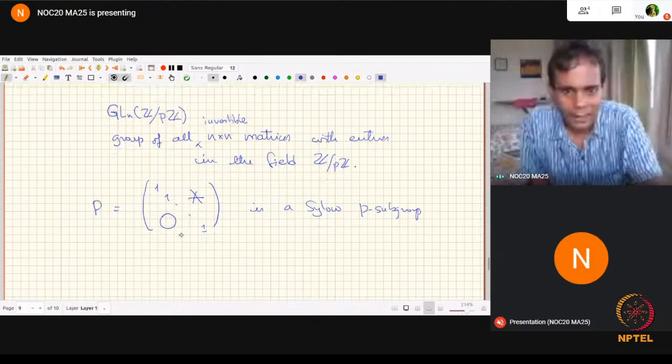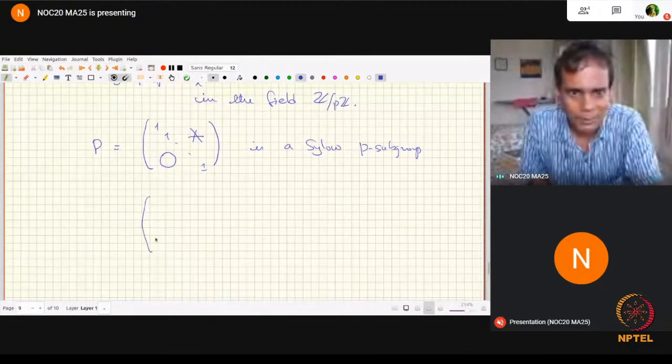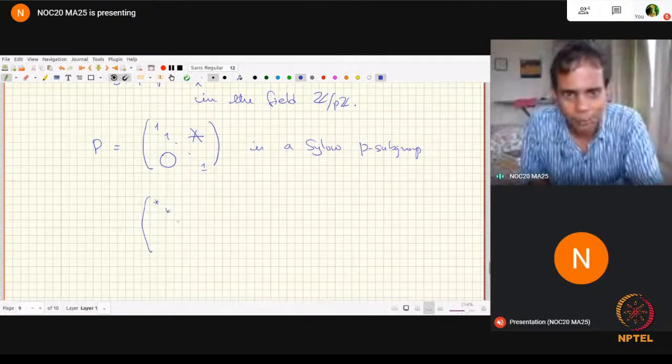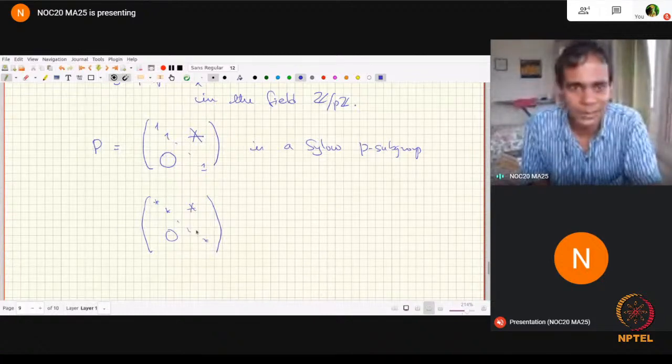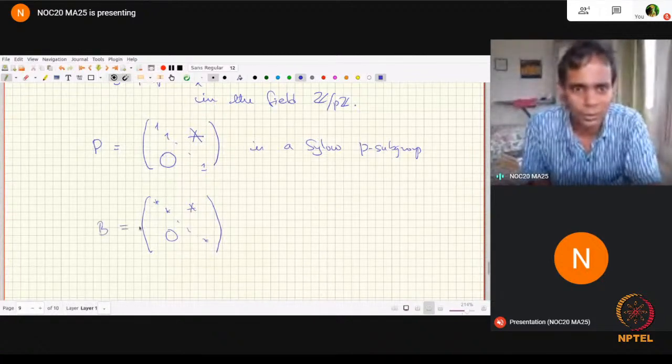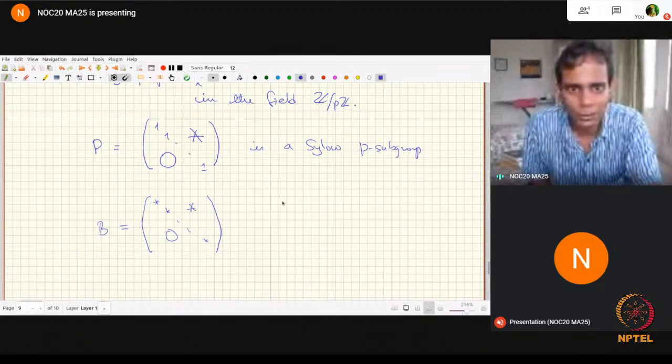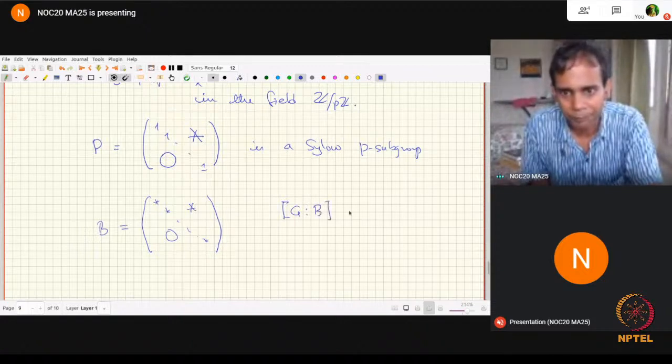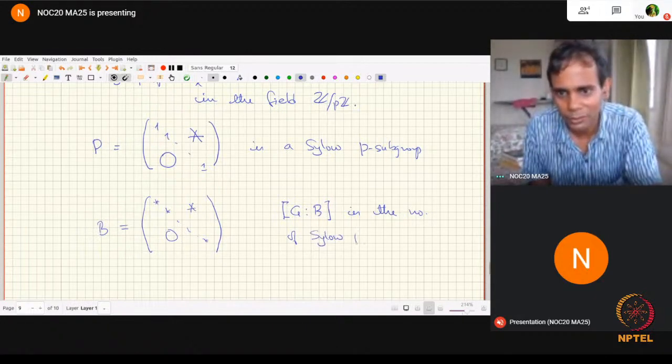I've worked this out sometime in the past, and basically it is the group of all upper triangular matrices where the diagonal entries are non-zero. That's usually denoted B. And so the number of Sylow P subgroups will be the index of B in G. I think, but Vishwanath will correct me if I'm wrong.